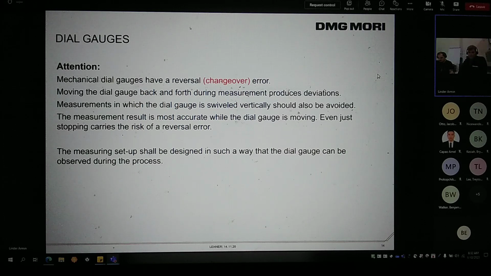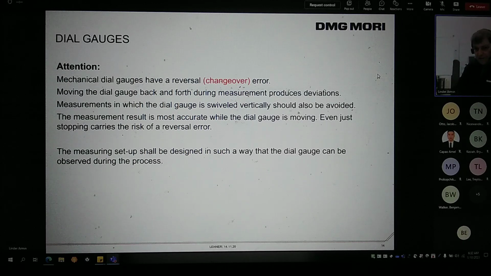So you always have to be sure that you bring that reversal or changeover or gap failure out, no matter how you call it.